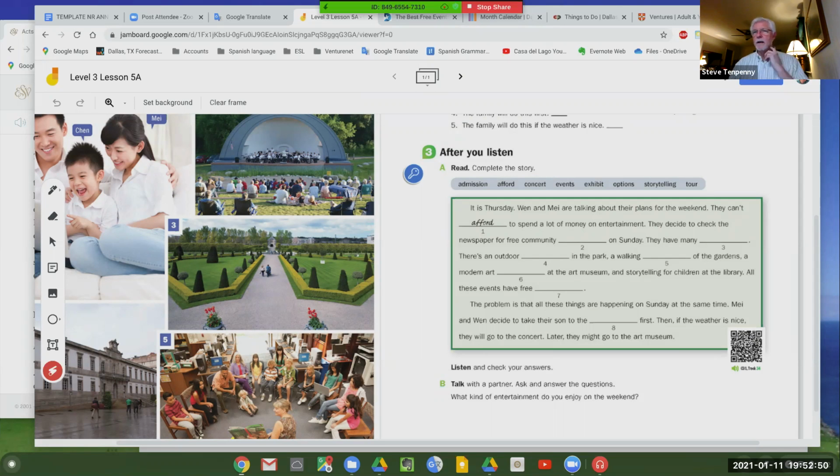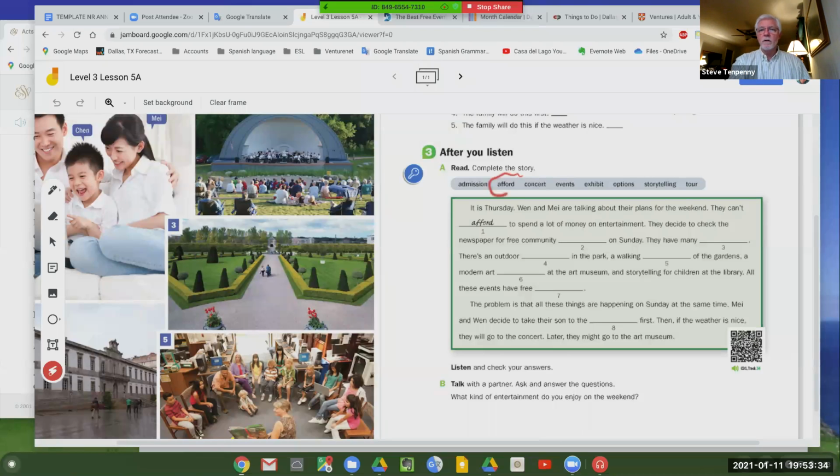Another word is like a fee, but usually a fee has maybe a negative sense to it. It's definitely different than a, now I know the Spanish word, I can't think of the English word, a multa, a fine. Multa is a fine. It's not like that. So admission cost. You pay admission to go to the movies, you pay admission to go to a concert if it's not free, or a museum if it's not free.